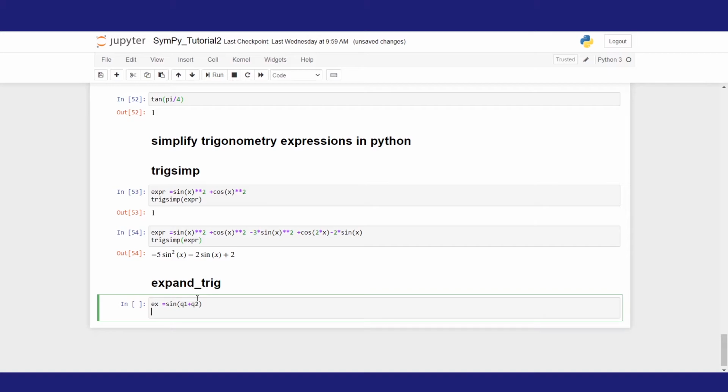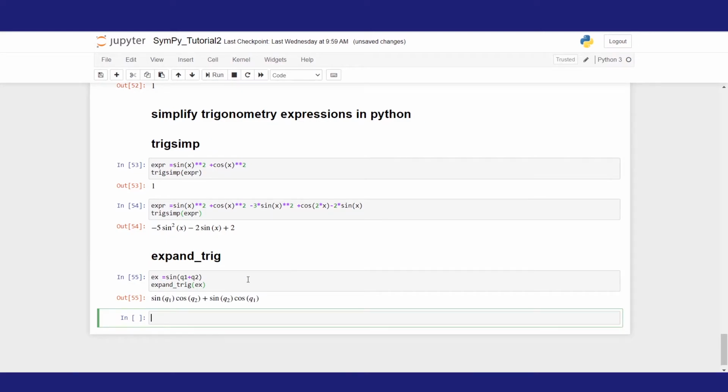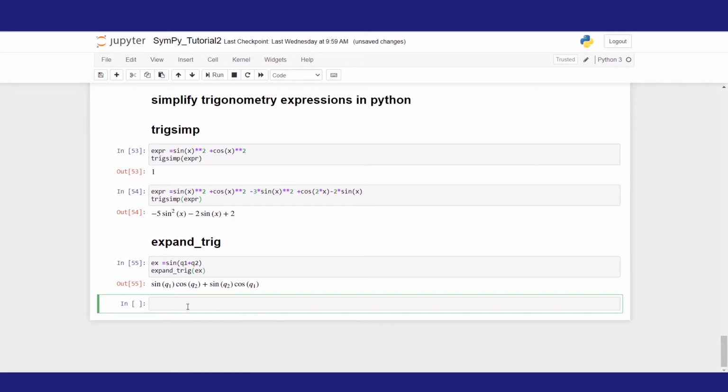I'm just going to use expand trig of ex, which is equal to sine of q1 plus q2, and let's see what we have. This will give us sine of q1 cosine of q2 plus sine of q2 cosine of q1, which is the usual known identity once you expand the sine of two angles, let's say a plus b. So this is what we have, and that much can apply to anything we know in trigonometry.